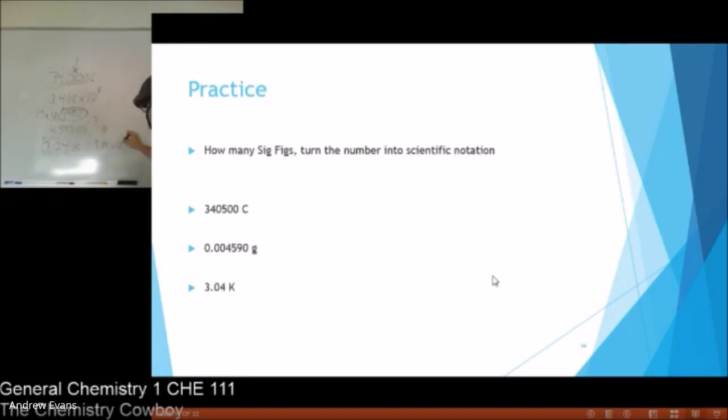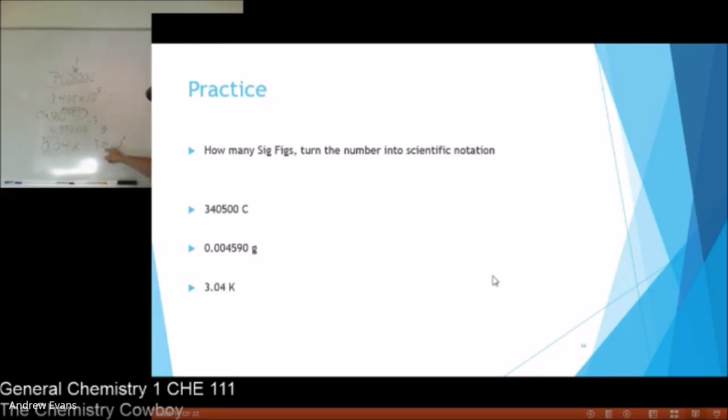Now, if we were to turn this into scientific notation, you would say that's 3.04 times 10 to the 0th power. You wouldn't really want to turn this into scientific notation, but if you had to, 10 to the 0th. The rule of math says any number raised to the 0th power is 1. And any number multiplied by 1 is itself.